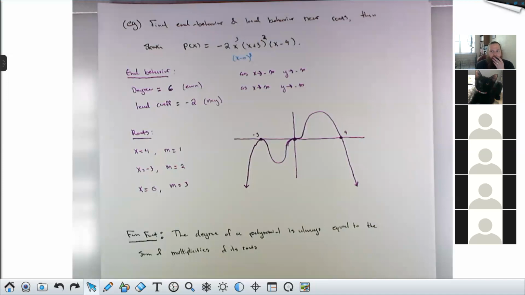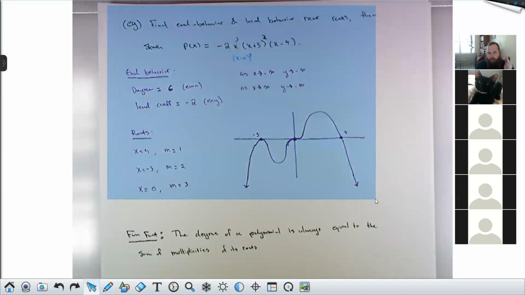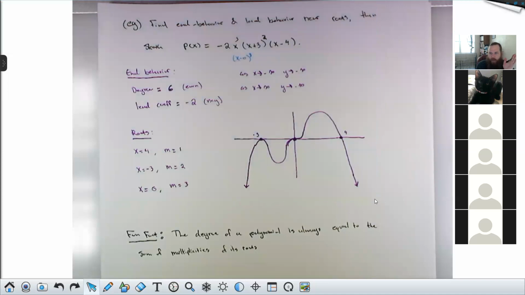Now, imagine I give you an arbitrary polynomial. What do you think would be the hardest step to getting a good graph like this? I just start writing down 5x cubed minus 7x squared plus 3x minus 2. What do you think is going to be the hardest step in getting this picture from that polynomial?